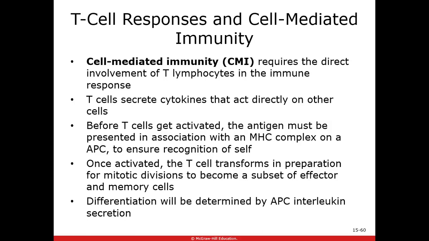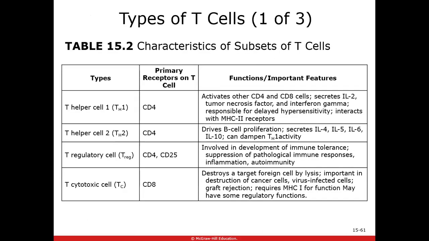Once activated, the T cell transforms in preparation for mitotic division to become a subset of effector memory cell. Differentiation will be determined by the antigen presenting cell interleukin secretion. You don't have to know these, CD4, CD8, things like that. Interleukin, you don't have to know those.